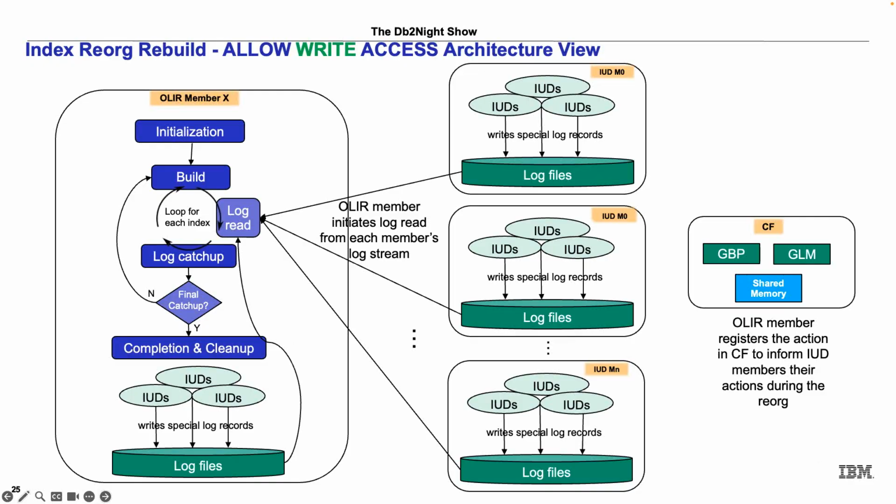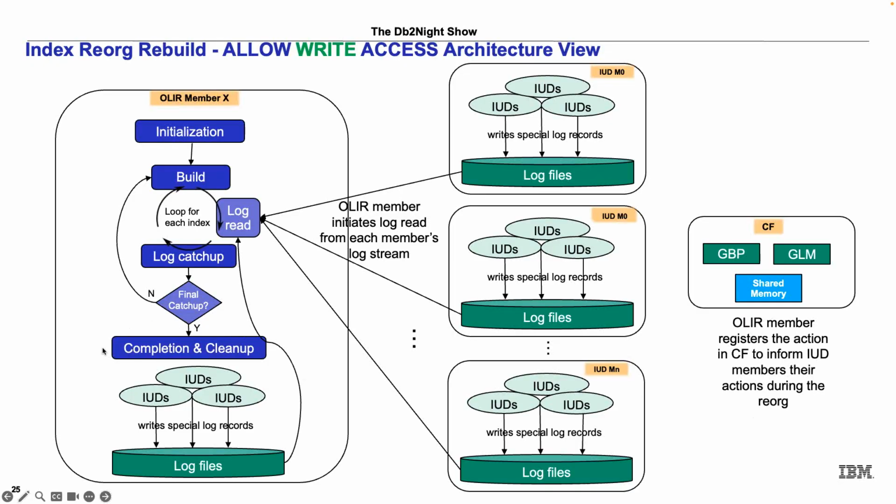Okay, so in the completion and cleanup phase, we upgrade to Z lock, switch the shadow with the real, make sure nobody will access the old indexes anymore, then free the shared memory, and then drop the original index.